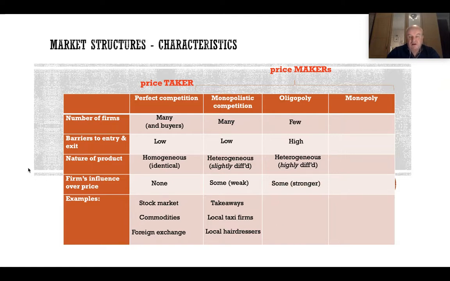In an oligopolistic market, firms have some relatively strong influence over price because their products are significantly differentiated. Some examples include retail banks, car manufacturers, and also OPEC. OPEC is basically the Organization of the Petroleum Exporting Countries.